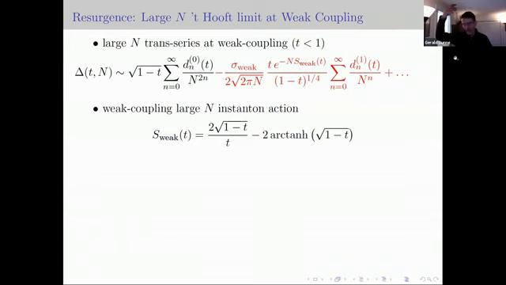Of course, it becomes messier and messier as you go to higher orders, but it's completely systematic and actually quite easy to implement. So, for example, this action, on the weak coupling side, so this is t less than 1, one side of the phase transition, takes this explicit form. It's very easy to get from the differential equation.